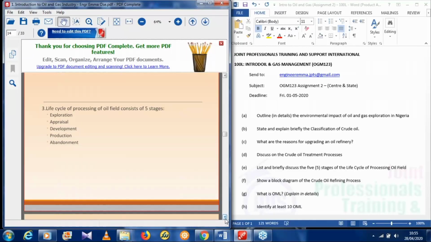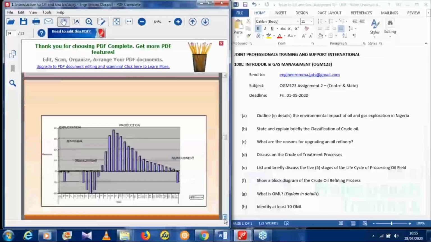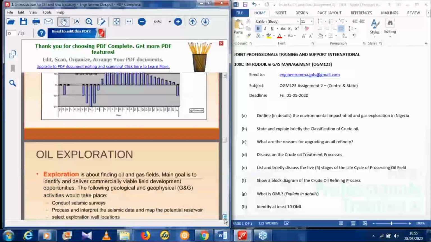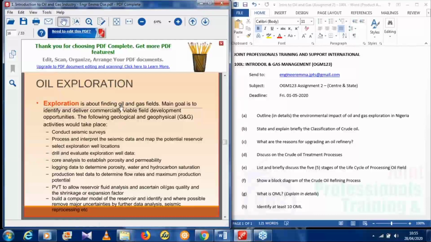I will explain most of it before the end of the class, and then you are also going to discuss it in detail. The first thing we talk about, which I've emphasized, is exploration. We talked about exploration in the first class, and we said it's the finding of oil and gas fields.